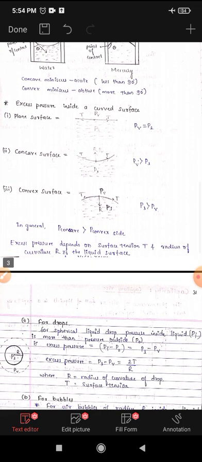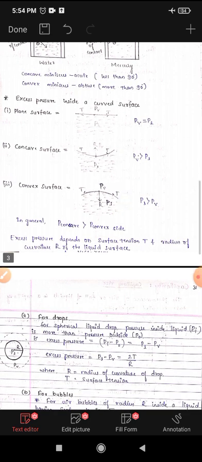And we have that the excess pressure depends on the surface tension. By using these three conditions, we came to know that the excess pressure depends on the surface tension and the radius of curvature. The radius of curvature means where this concave is slightly round in shape.